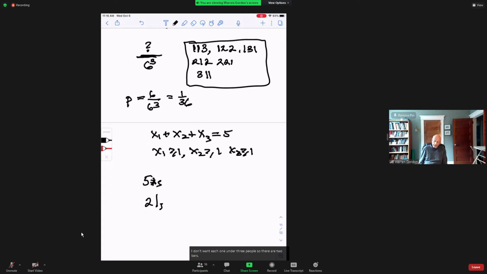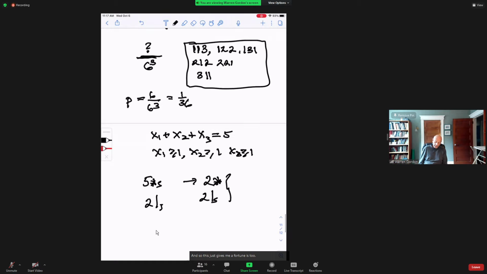But I want each one to be at least 1, so if I give each one a star, there are 2 stars left and 2 bars left. And so this just gives me a 4 choose 2, which is 6. Same number I got here.